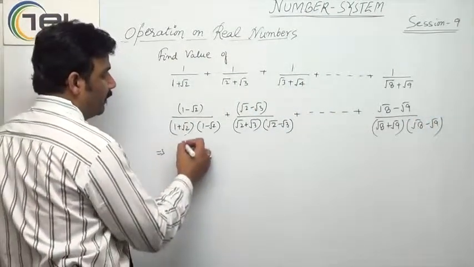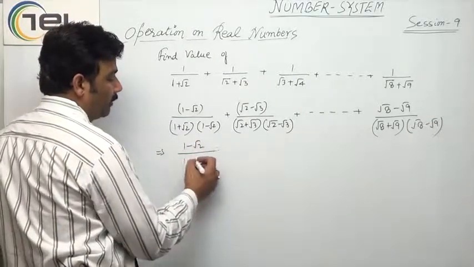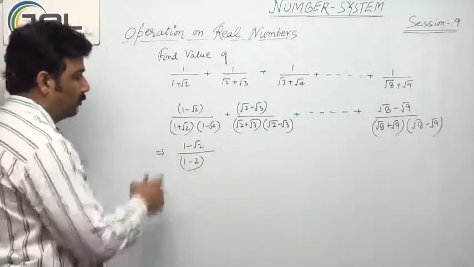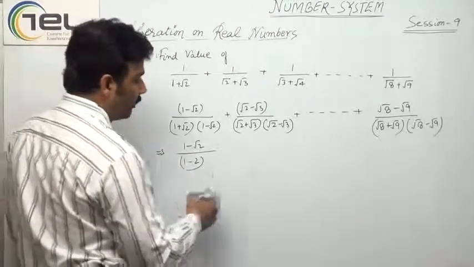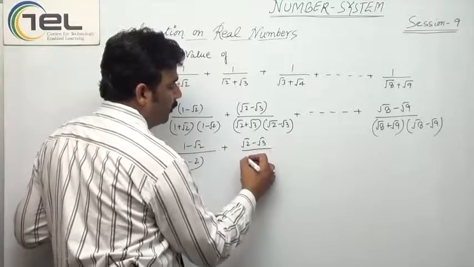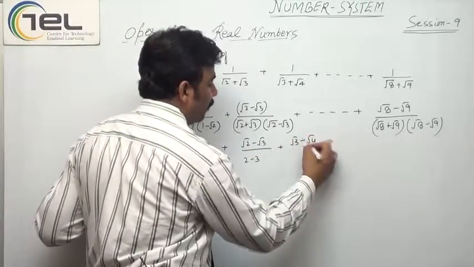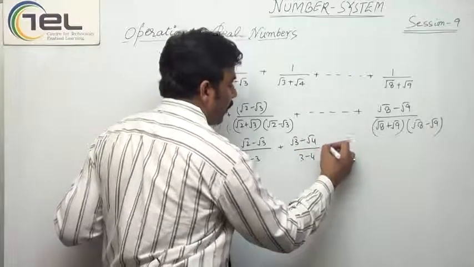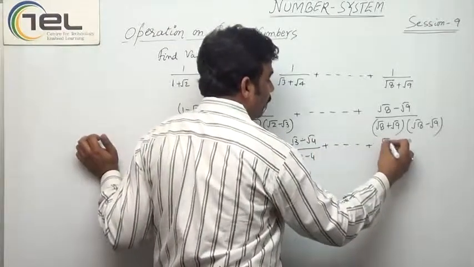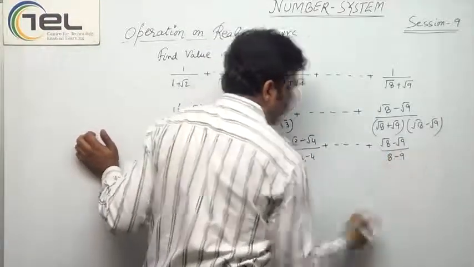What I have is 1 minus root 2 over 1 minus 2, and I will have root 2 minus root 3 over 2 minus 3. I will have root 3 minus root 4 upon 3 minus 4, and so on, root 8 minus root 9 upon 8 minus 9.